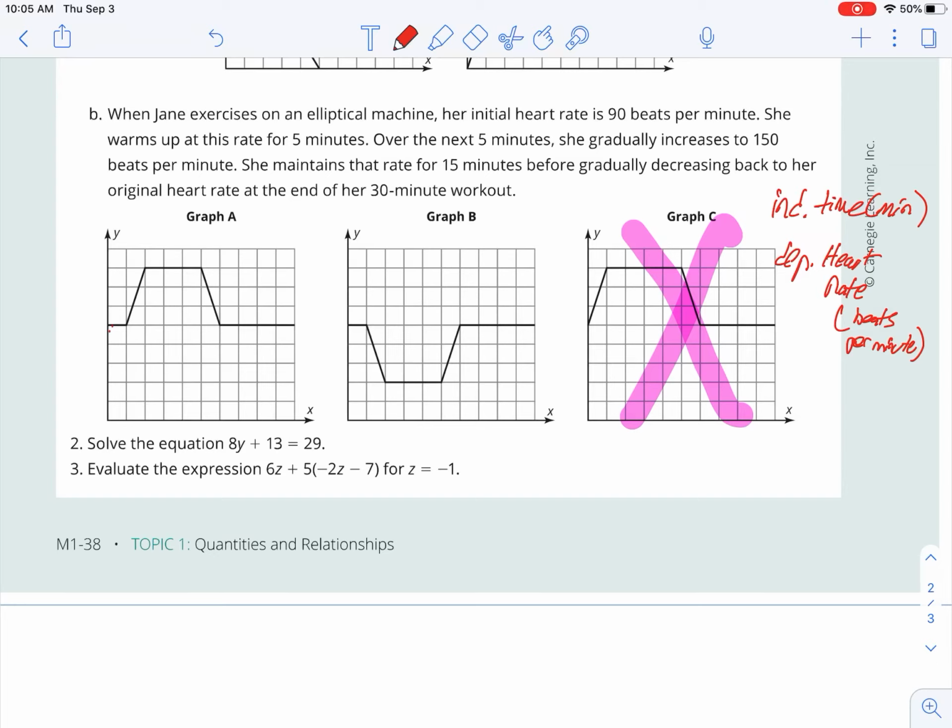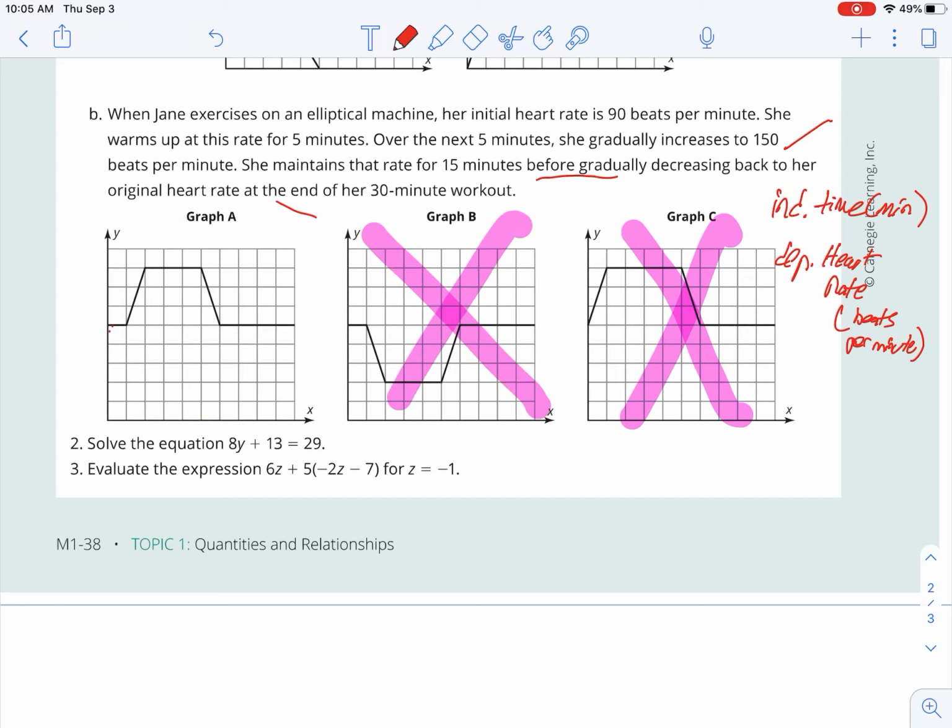So I should have a graph that's going up, then maintaining, so it's constant. And then it starts to decrease back to her original heart rate. So then it starts to go down to her original heart rate. So based off of that, it's going to be graph A, okay? Graph B is not it. So we are doing graph A.